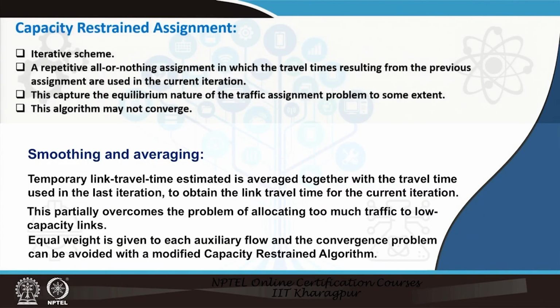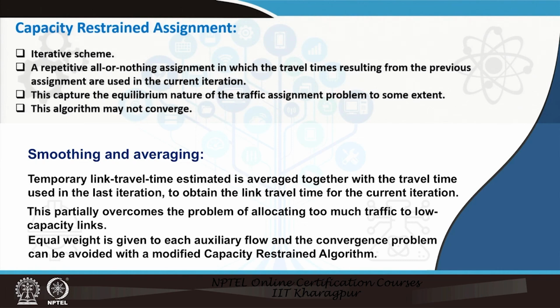Then we go into the capacity restraint assignment. This is a technique which approximates the equilibrium method, which we will discuss in the next lecture. But we have already discussed in Wardrop's first principle that equilibrium is gradually established when everybody chooses the shortest path. It cannot be done in one go, and either we can assign one car at a time and update the volumes.